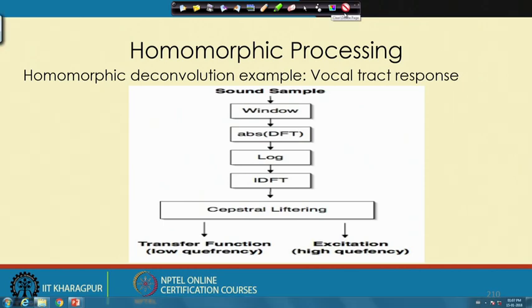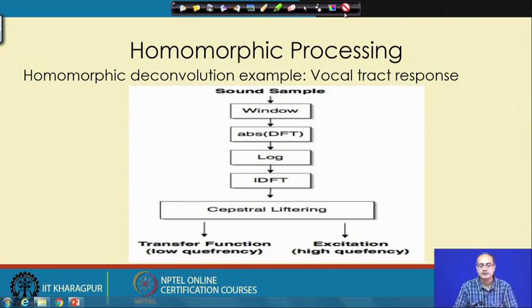So, here we take the sound sample, and the first thing is to window that sample. The reason is that first we need to ensure the signal is stationary. The signal in real life is not stationary.